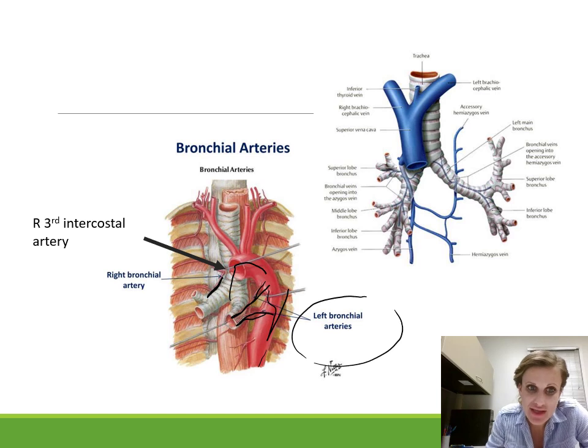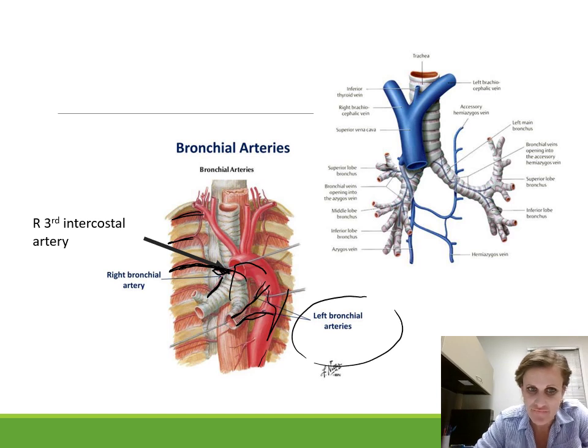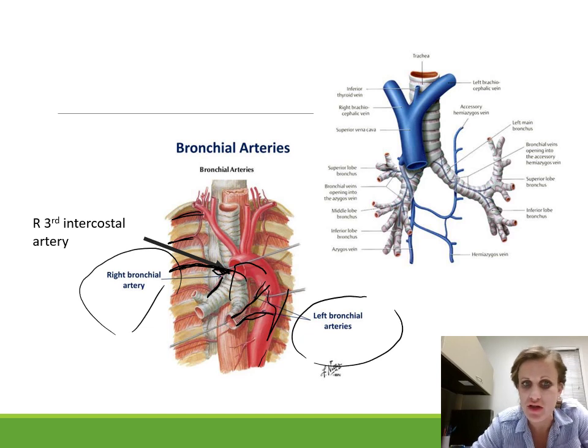Okay, and in this case, it's coming off of the third intercostal artery. The third intercostal artery is coming right here. Right, so you've got your first intercostal artery, your second intercostal artery, and then your third intercostal artery. So the third intercostal artery is giving way to the right bronchial artery. The thoracic aorta, here you see giving rise to the left bronchial artery. And then again, those branch all the way down the bronchial tree.